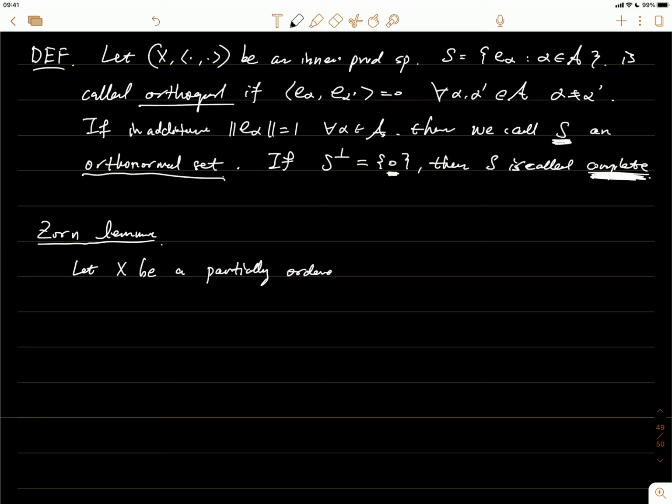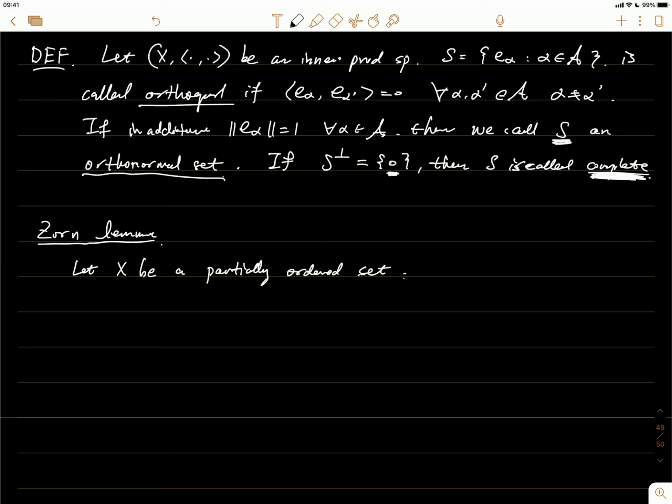It means that you can define the order between two elements. Not every pair of elements, but for some pairs of elements, you can define the order between them.